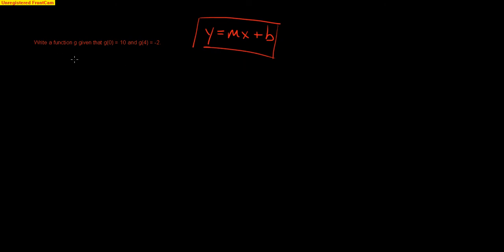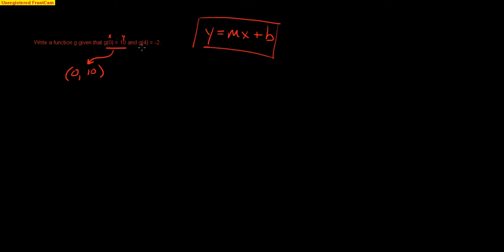And here's the thing. When they tell me this, g of 0 equals 10, they're giving me an x and a y right there. So they're giving me a coordinate 0, 10 that works in whatever equation I come up with. Whatever equation I'm going to come up with, I plug in 0, 10 and it's going to work.